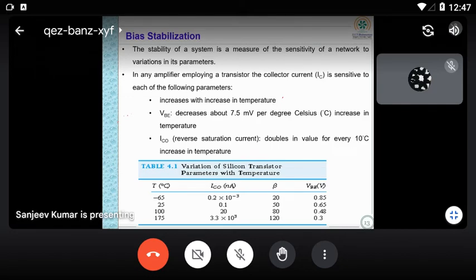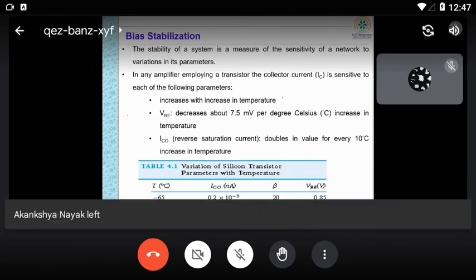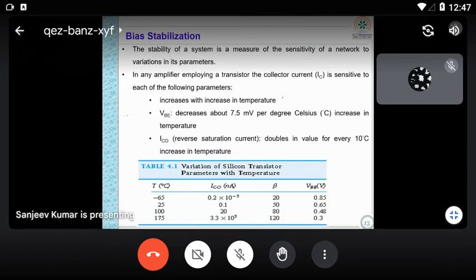Now coming to the stabilization part. As I already told, in a transistor, stabilization is a very important factor, which you calculate as change in output current divided by change in leakage current. Similarly, stability you can calculate using 3 approaches. One is in terms of change in output current divided by reverse saturation current.